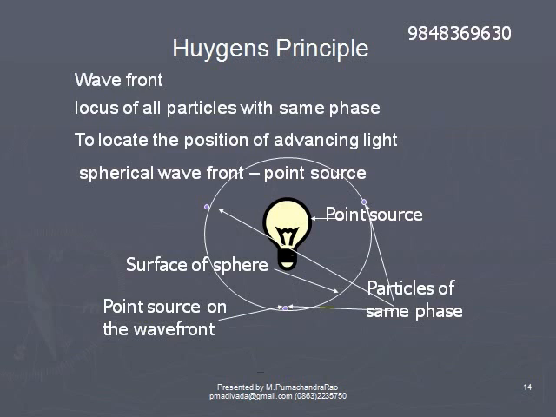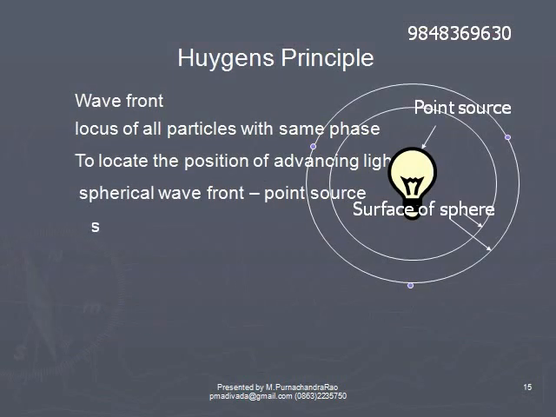Moreover, Huygens proposed that the points on the surface of this wavefront, I have shown 3 points on this surface, imagine several points like this on the surface of this sphere. All the points on the surface of the sphere act as sources of light. They emit waves known as secondary wavelets. So the points on the surface of the wavefront act as sources of secondary wavelets.